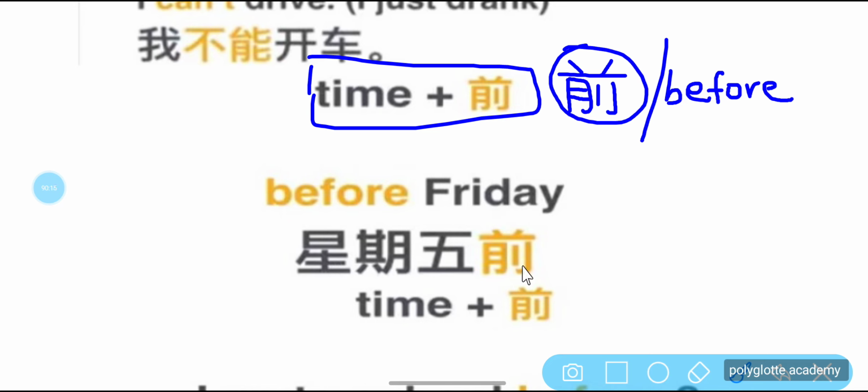So we have 星期五前. 星期五 is Friday, the 5th day of the week.